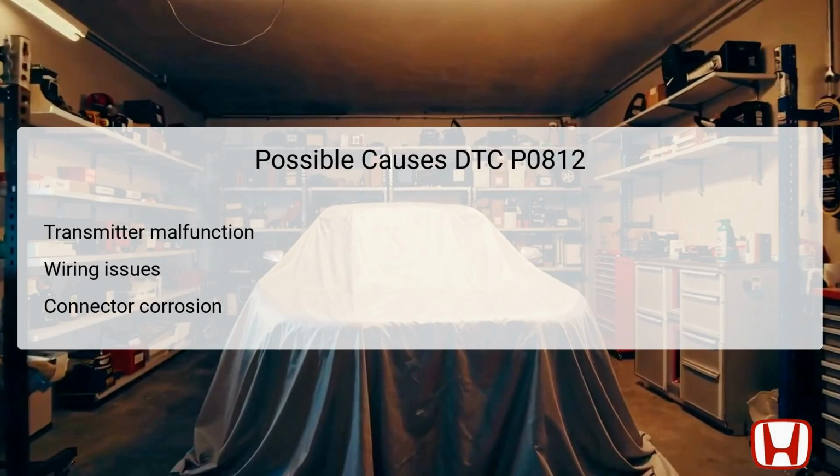Secondly, there may be issues with the wiring connected to the transmission range switch, such as frays or shorts that disrupt the electrical signal. Lastly, corrosion or poor connections at the connectors can affect signal transmission reliability. Each of these issues must be considered during the troubleshooting process to determine the root cause of the DTC P0812.